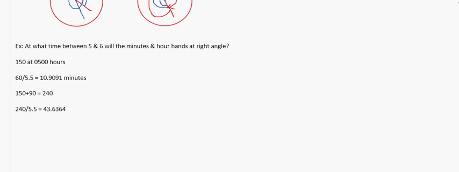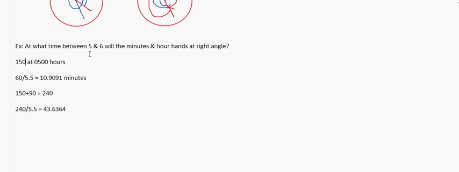I hope that you got the concept really well. So what we are doing is we are finding the initial angle, right? Then to make it 90, how much relative distance or how many relative degrees should the minute hand travel? Relative means let's fix the hour hand, right?